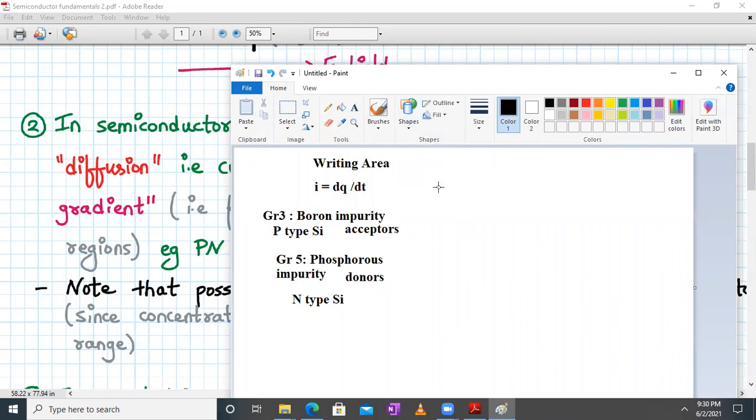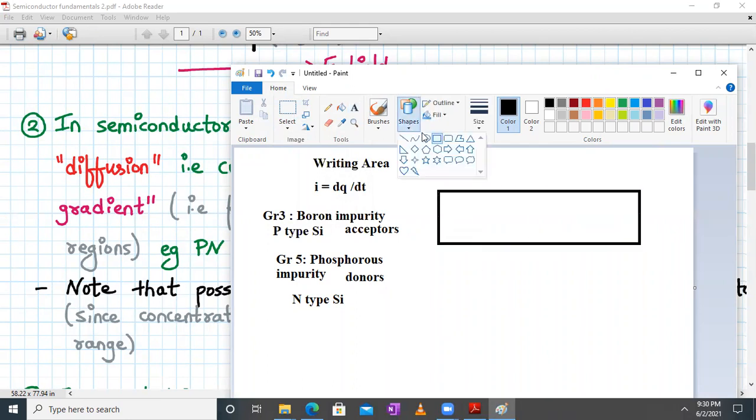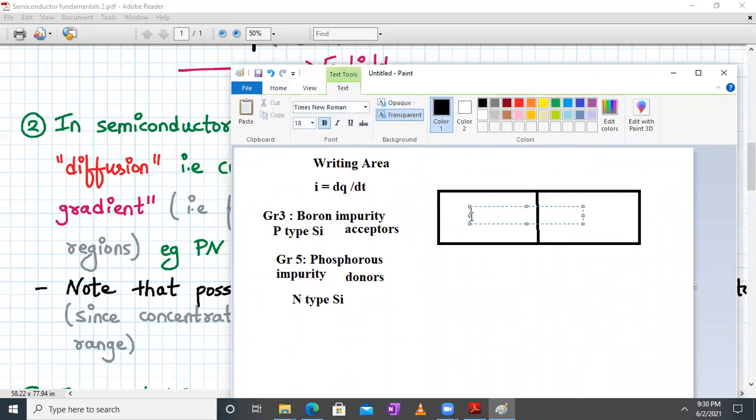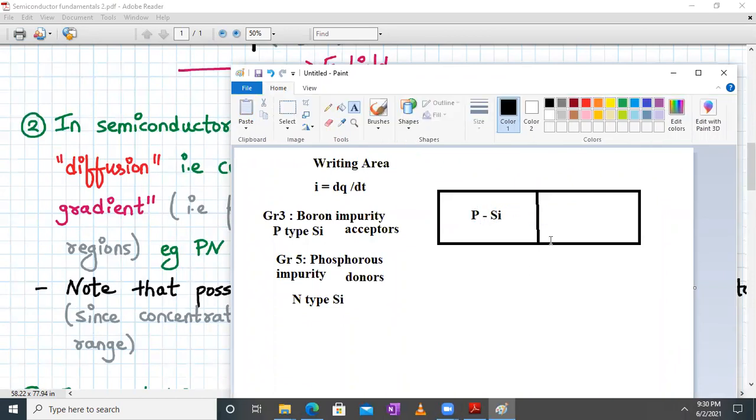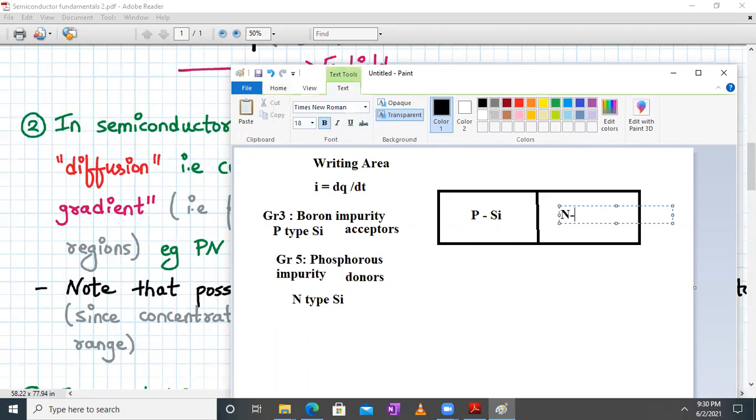So in a PN junction, let's say this is my junction. On this side we have p-type silicon, and on this side we have n-type silicon material.